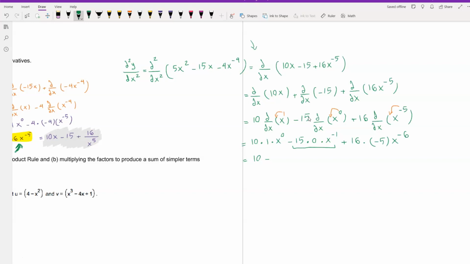Then 16 times negative 5, that is negative 80 times x power is negative 6. And we can write this one equal to 10 minus 80 divided by x power is positive 6. So these two are same.